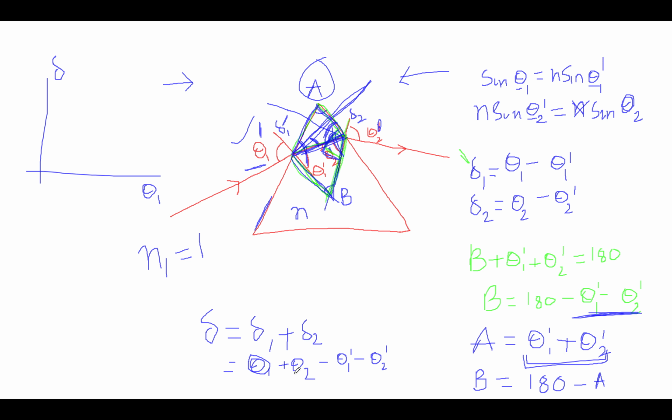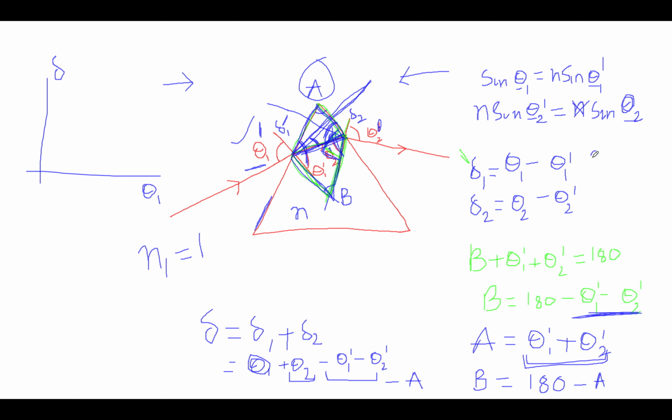And I know how to express theta 2, theta 1 prime, theta 2 prime in terms of other things. For example, here instead of minus theta 1 prime minus theta 2 prime, I could write it as minus A. That would be the angle of the prism that I can measure, and I know what it is. And finally I only need theta 2, and I know how to get theta 2 from here.